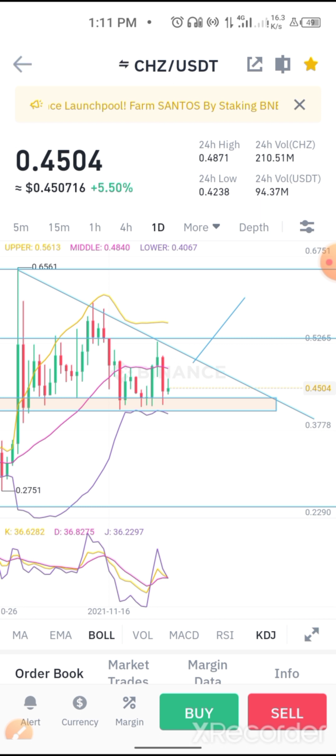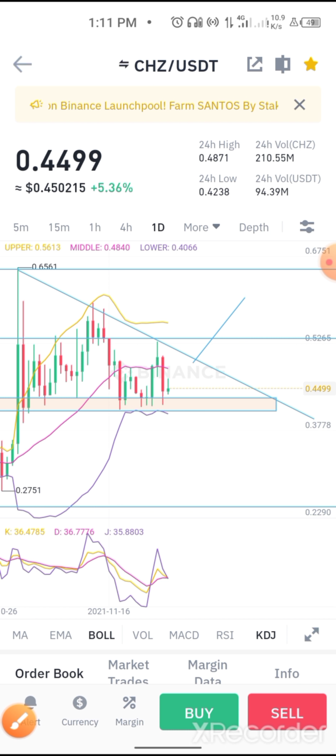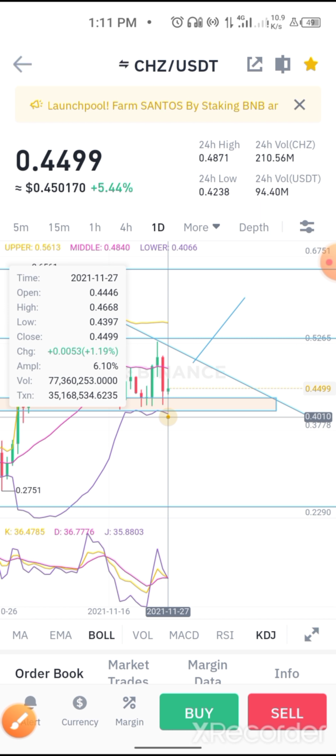Let's say, for example, the price is currently 0.4502, and based on my analysis, I come to the conclusion that this price is going to test this position, and I place my order at 0.41.